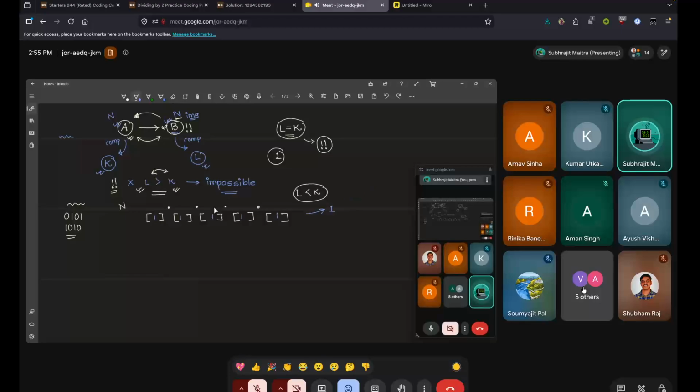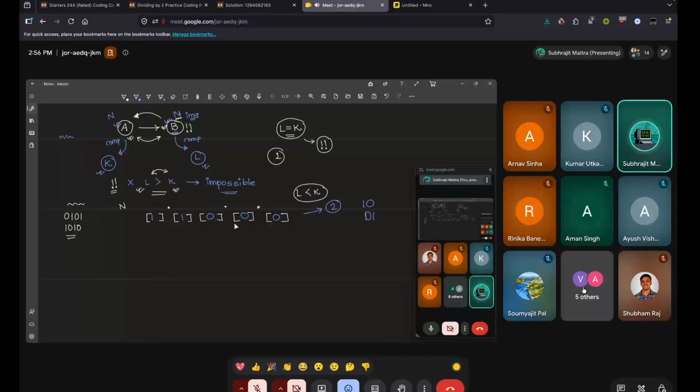Now, what if I put only one fence? I can put it here and make it this, or put the fence here and make it something like this, or here and make it something like this. In all of these cases, it compresses to a string of length 2, either 1 0 or 0 1.